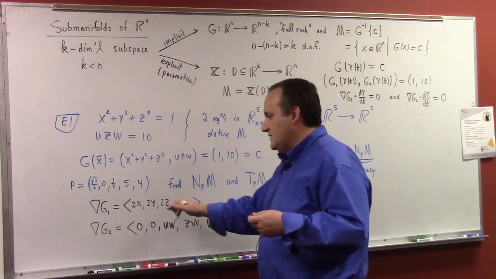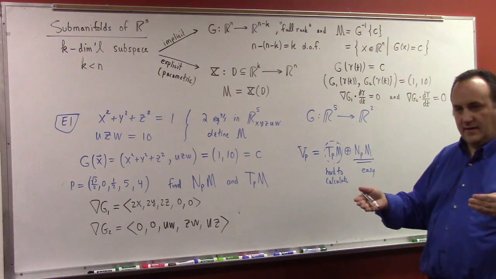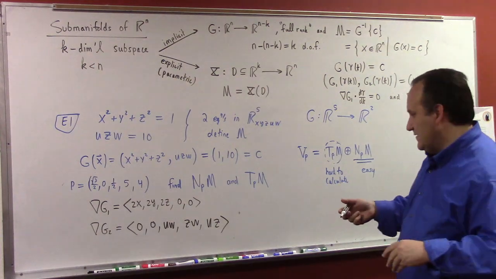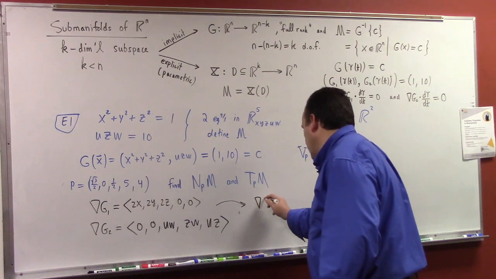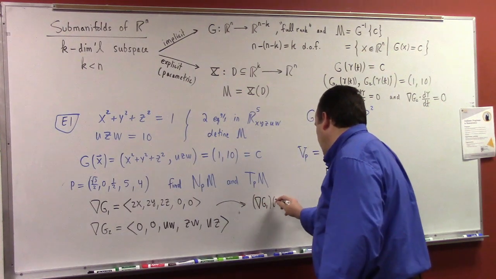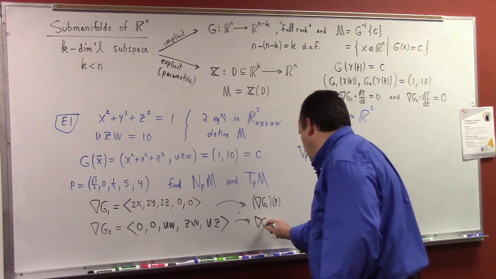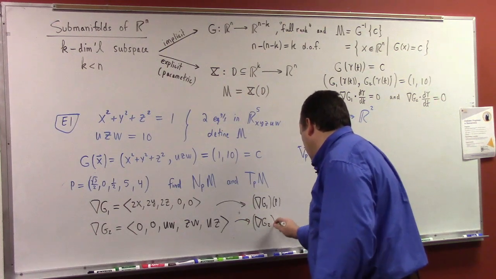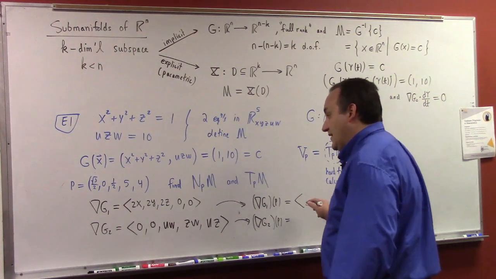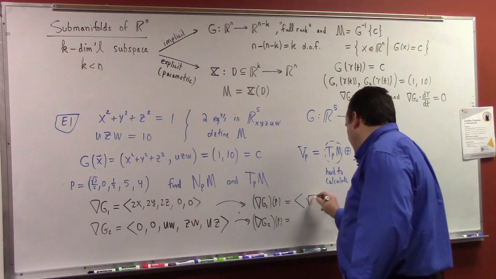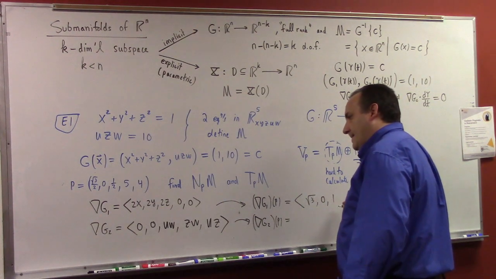So these actually define a pair of normal fields to the manifold, and then we can specialize to the point that we constructed, right? So the particular point we've got, del G1 at the point P, what's that? Del G2, goodness gracious, at the point P. So what'd you got? Oh, square root of 3, okay. 0, 1, 0, 0.